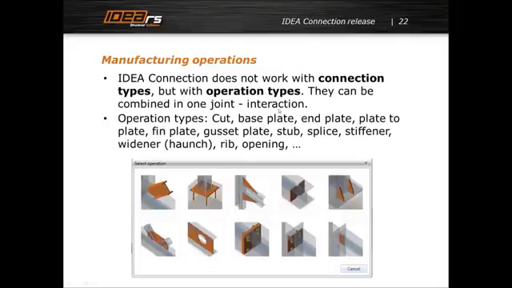We do not do it. We have the general geometry of connection and apply operations, or manufacturing operations. In fact, what is really done when they produce the joint in the workshop, we use the same operation for construction of the analysis model.